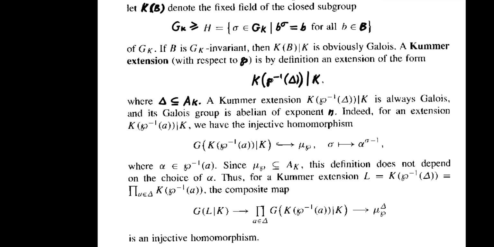It is the fixing field of the subgroup such that for all the elements of rho minus A, the elements of this subgroup have to fix mu p.